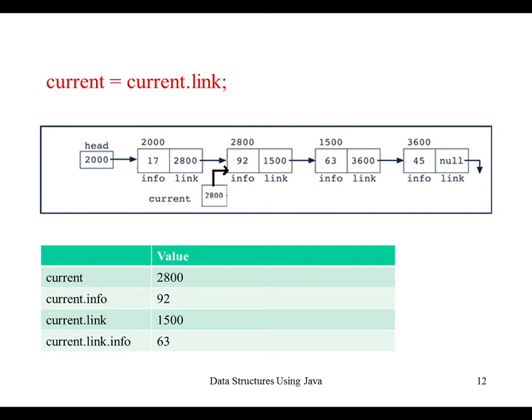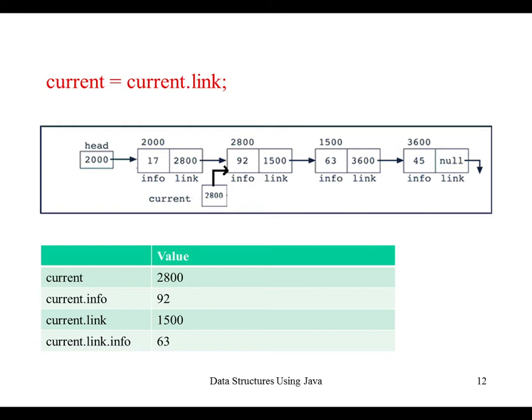Now consider the statement current equals current.link. This statement copies the value of current.link, which is 2800, into current. Therefore, after the statement executes, current points to the second node in the list. When working with linked lists, such as when we traverse a linked list, we typically use these types of statements to advance a reference variable to point to the next node in the list. See this figure.